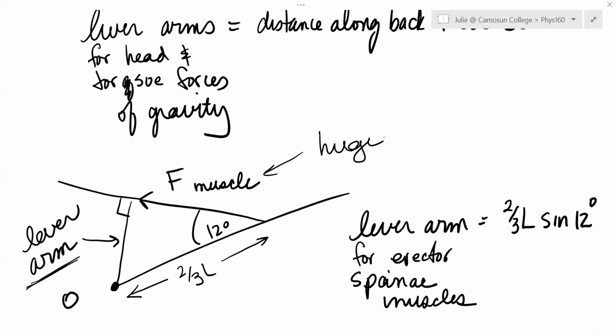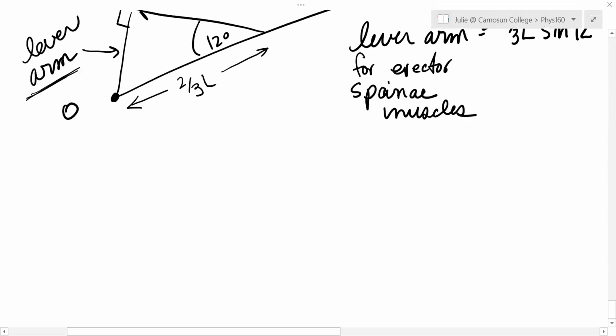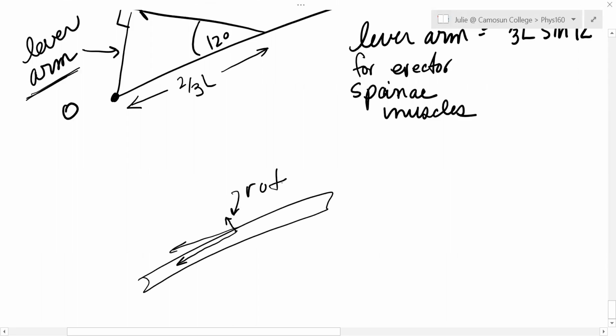And it's got a huge compressional component that runs along your back. So here's your back, and this being 12 degrees is itty bitty. It's just like this. And so remember, it's got this compressional component, and look at the rotational component. That's tiny. It's the rotational component that produces the torque that holds your back up.